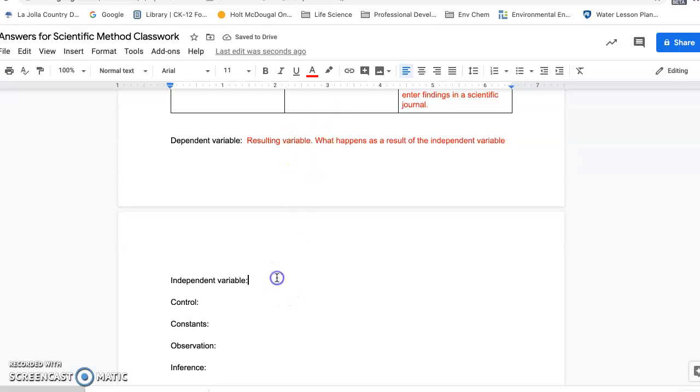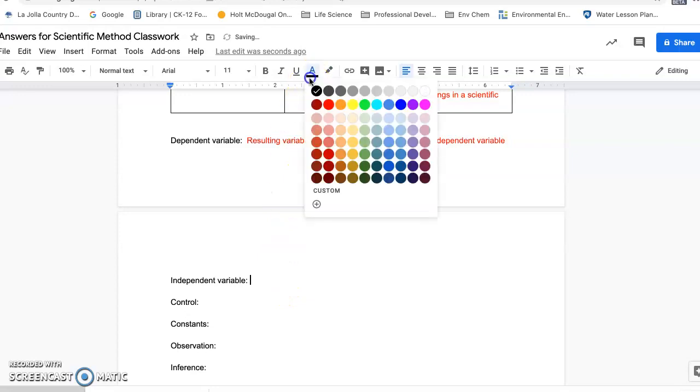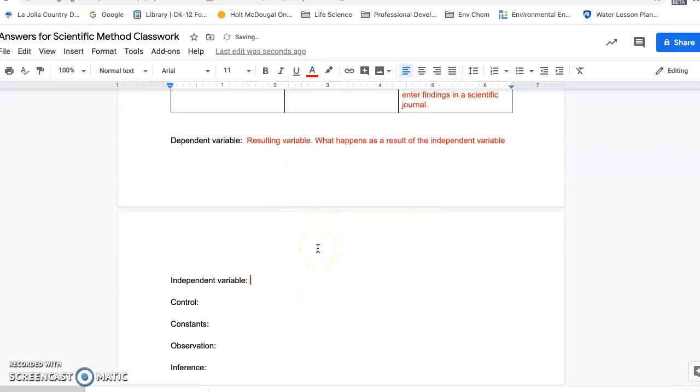And therefore the independent variable is the variable that you, the scientist, will change in the lab experiment.